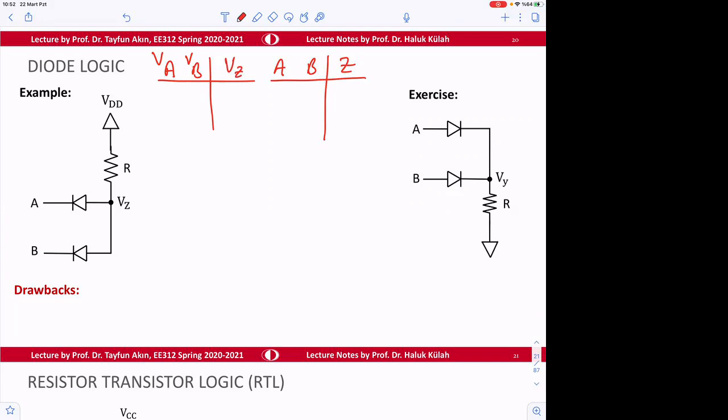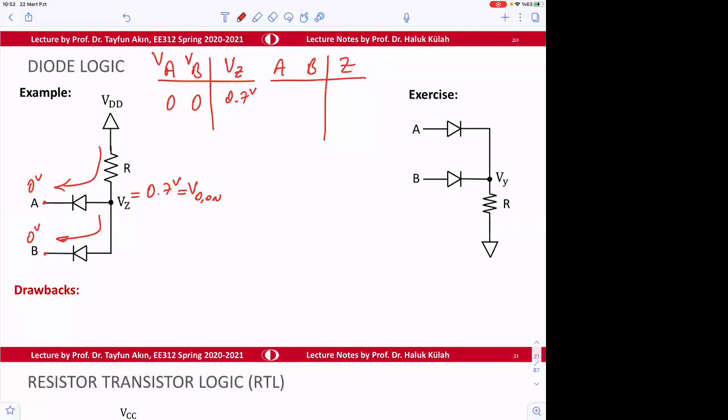So if the VA is 0 volt and VB is 0 volt, if we apply here 0 volt and 0 volt, then there is a current path here, okay? So there's a current path, therefore if this is 0 volt and this is 0 volt, this voltage becomes what? 0.7 volt, which is V diode on voltage. Okay. So therefore this is going to be 0.7 volts.